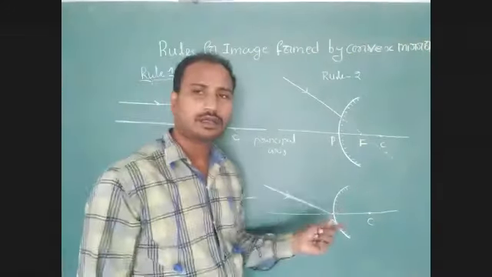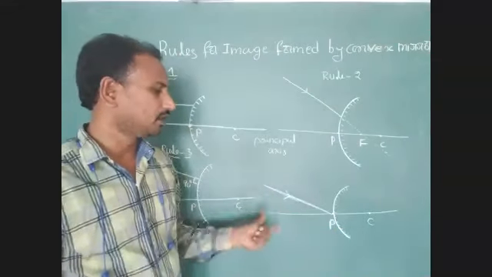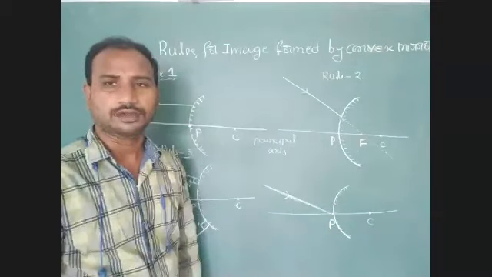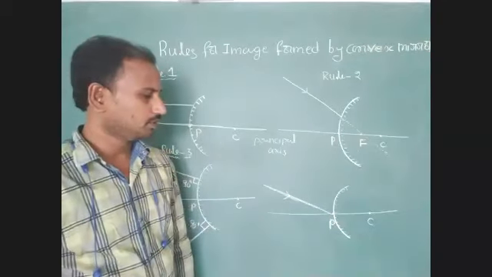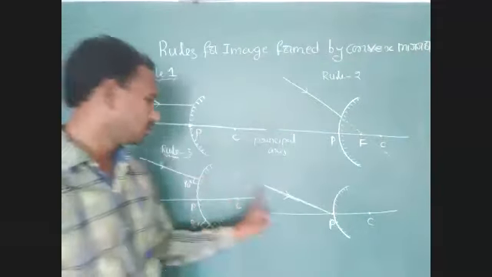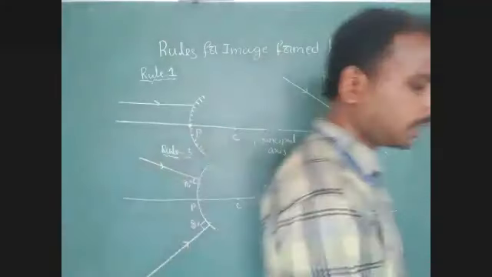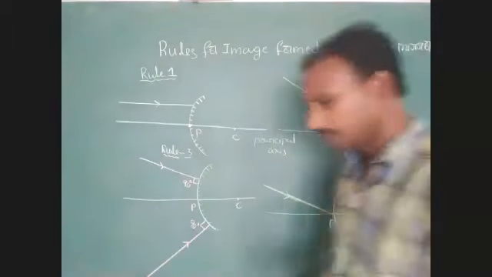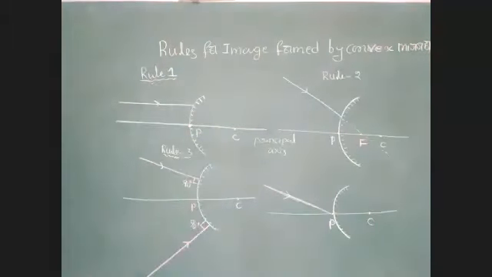Now, what is the direction of the reflected ray after reflection from this convex mirror? Okay, you identify these 4 conditions: rule 1, rule 2, rule 3, rule 4. There are 4 rules. Once we have to identify this diagram.